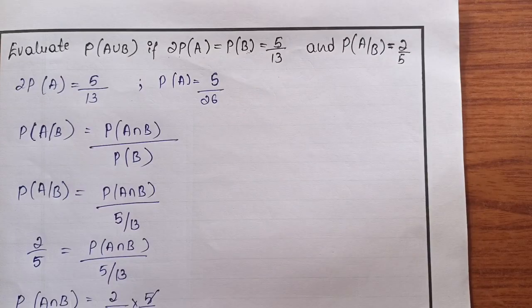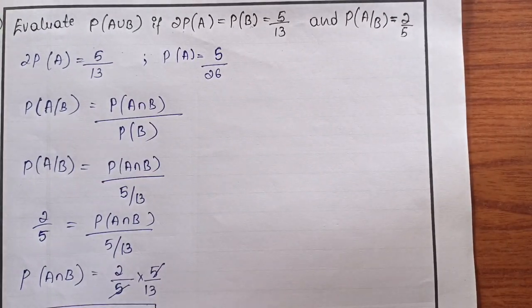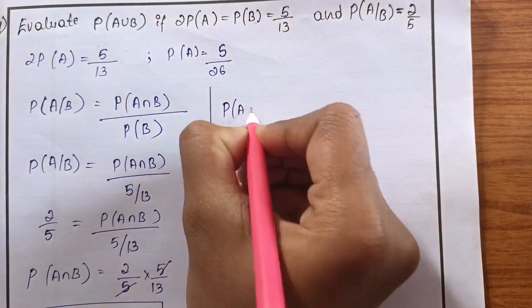Then we find out the probability of A union B. So what is the formula of probability of A union B?